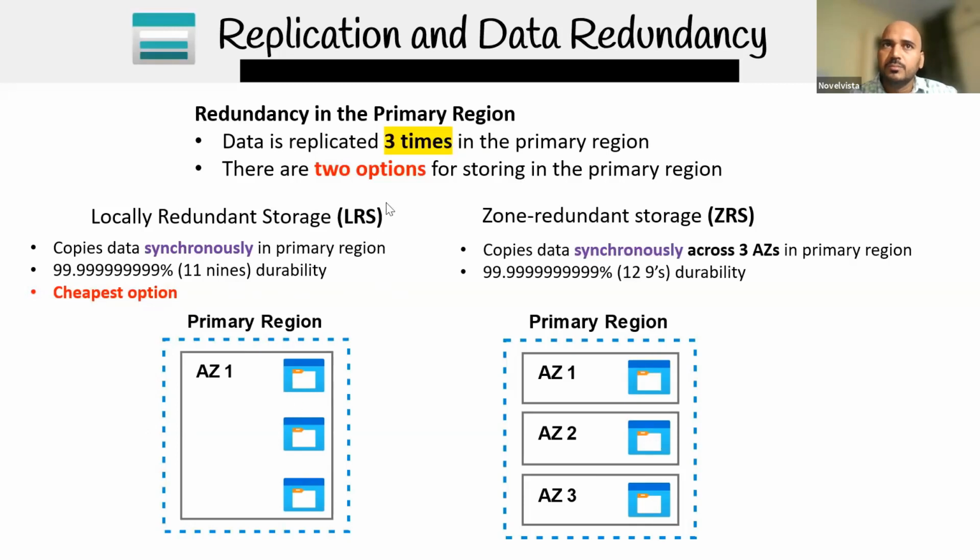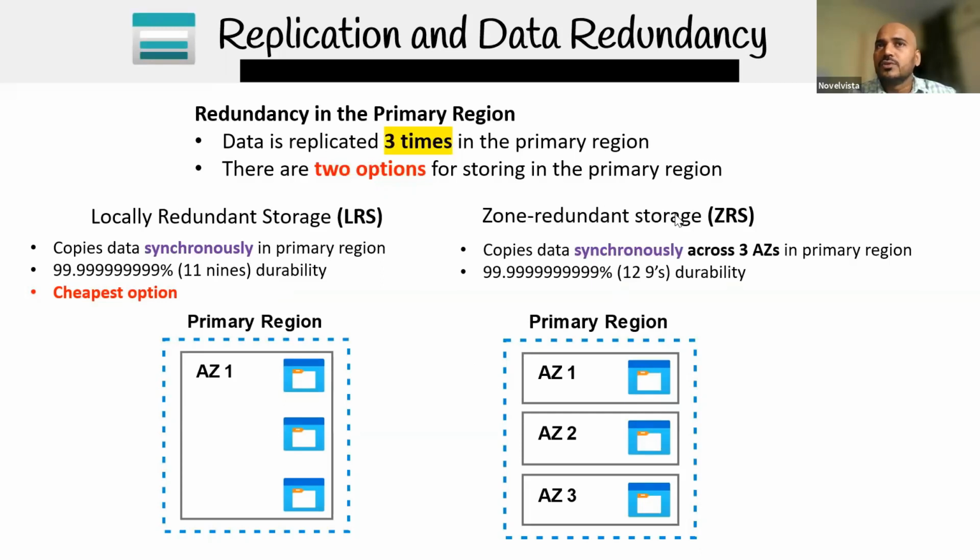LRS is what most customers go for because it creates 3 copies and stores them in the same region, same data center, and this is the durability you get: 11 nines, 99.999999999%, and it's the cheapest option.